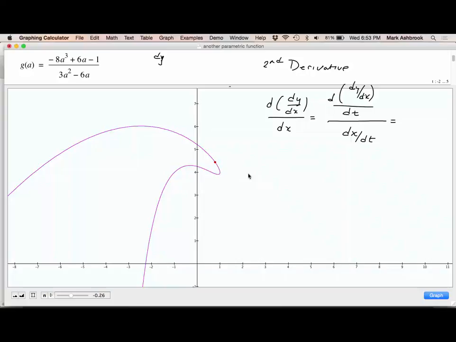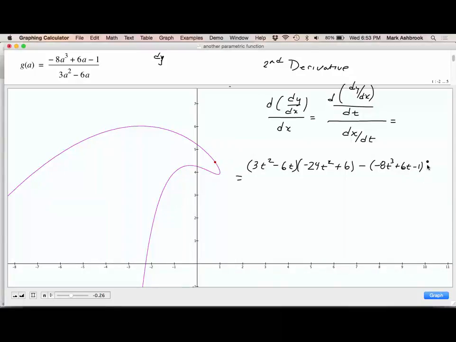Quotient rule. Remember quotient rule. So here we go. Do it fast. Low d high. Check my work. I'm going to go fast. Low d high minus high d low. Please check.